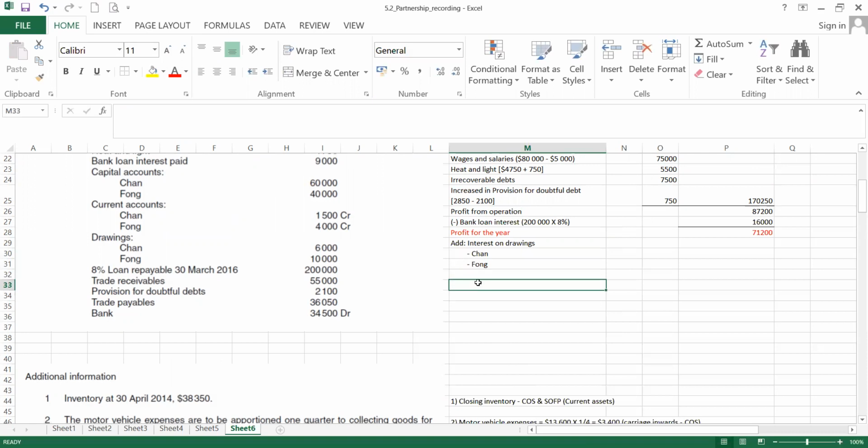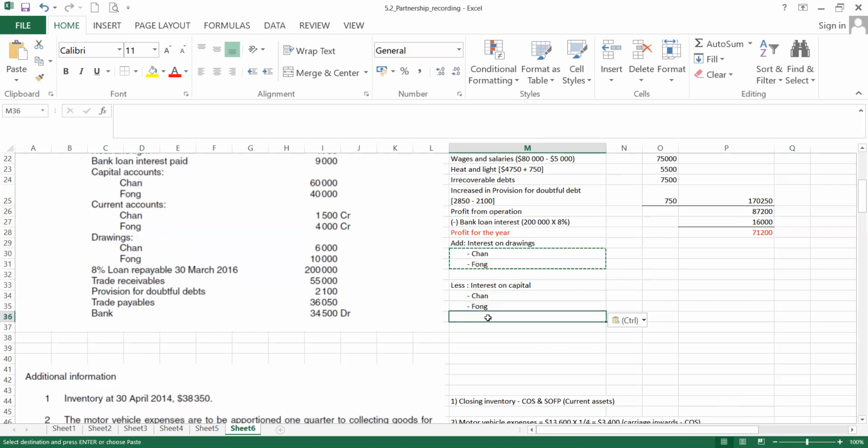After that, you minus, less interest. This is like a formula, interest on capital. Also put Chan and Fong.